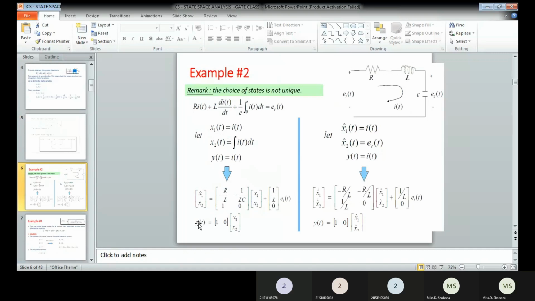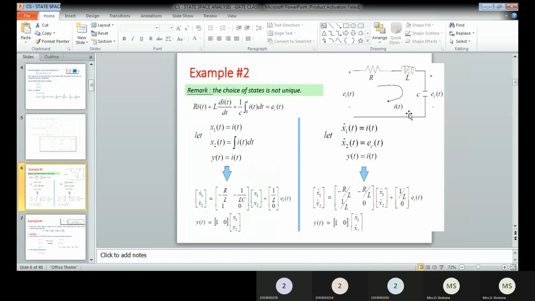And then the second equation, x2 dot, is nothing but x1. Here there is no input in this equation, therefore x2 dot is equal to x1. Y of t will be only x1. So x1 and x2 will be the state variables. That is how you can write the state model for this electrical network also.